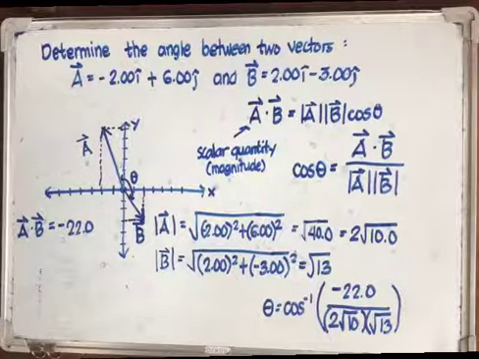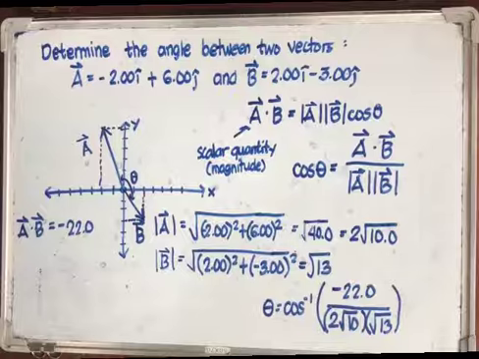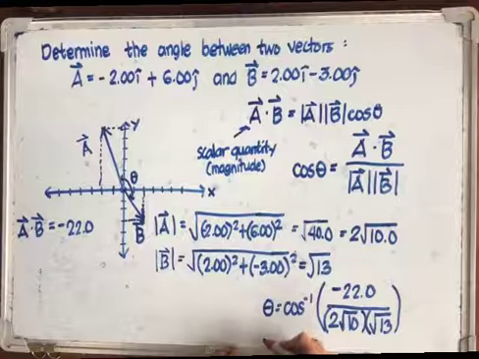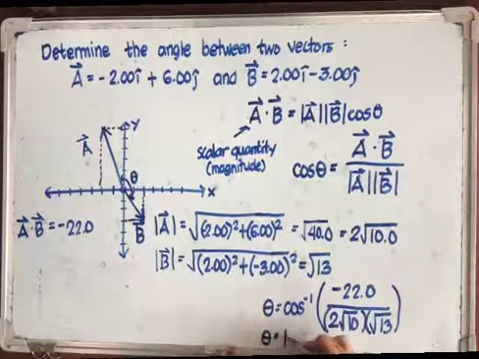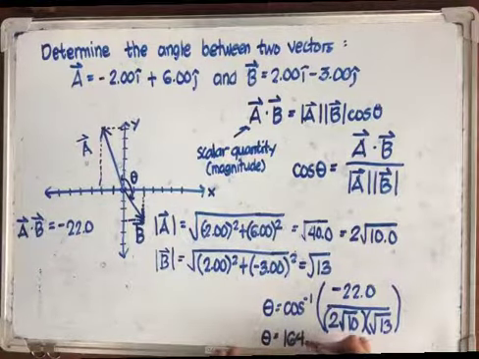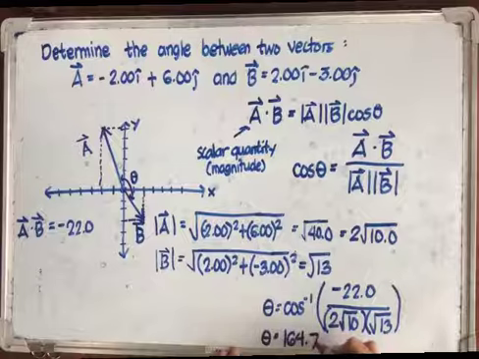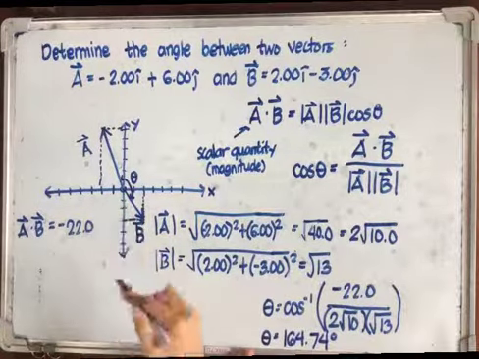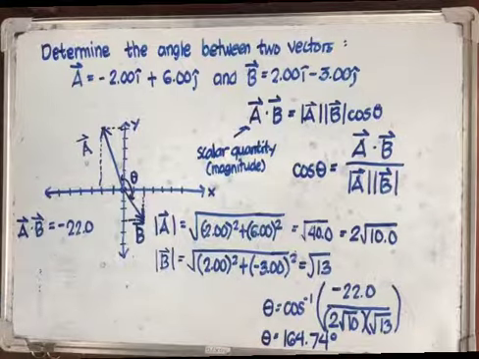Kasi from our drawing na naka-scale naman, ang magiging sagot natin would be an angle greater than 90 degrees. So that is, how much is that? 164. So our angle theta is 164.74 degrees. So ito yung angle na yan. And that's the angle between two vectors.